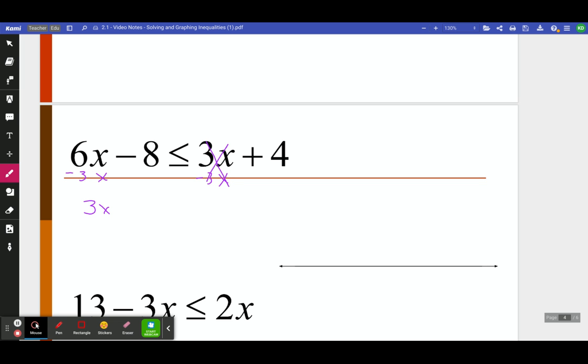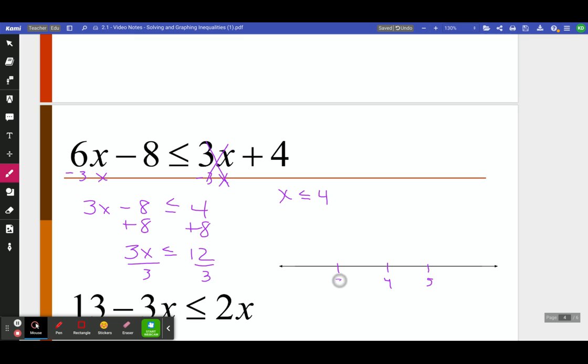We get 3x minus 8 is less than or equal to 4. And then we can add 8 to both sides. We get 3x is less than or equal to 12. Divide by 3. Now I'm dividing by a positive number, so we're going to get x is less than or equal to 4. So I did not change the symbol because we divided by a positive 3.